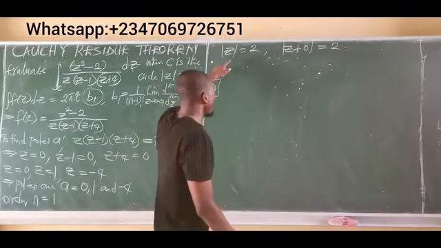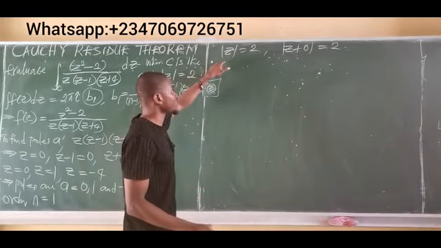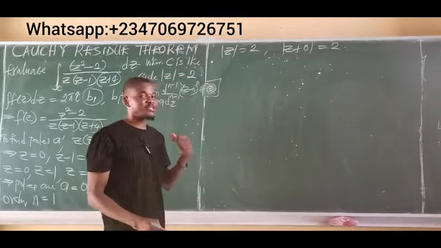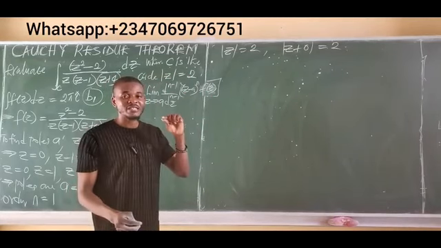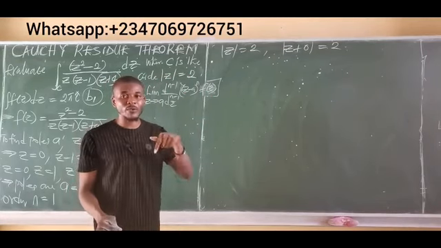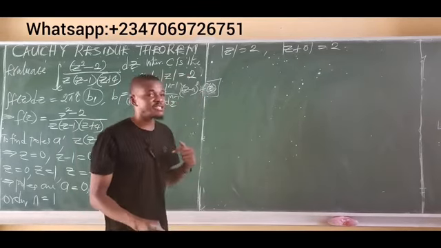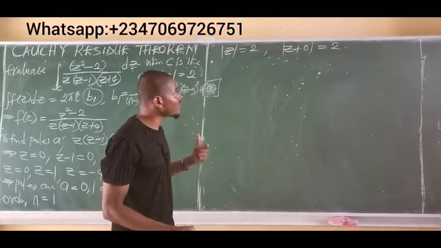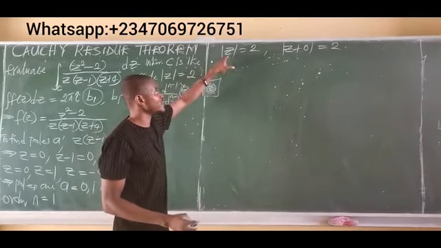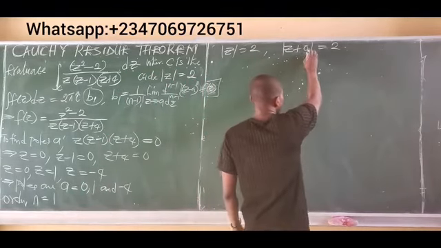I said that z is usually attached to a number, and that number tells us the center of the cycle, which we consider to be the central point. Then we can take our radius from there. So if this is z plus 1, then the center would have been minus 1. But since we weren't given a center, it's just z, which simply means z plus 0. So 0 becomes the center.